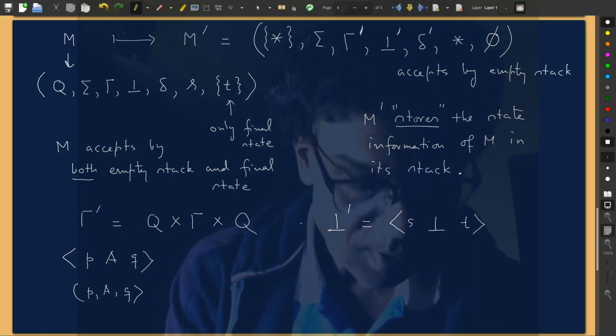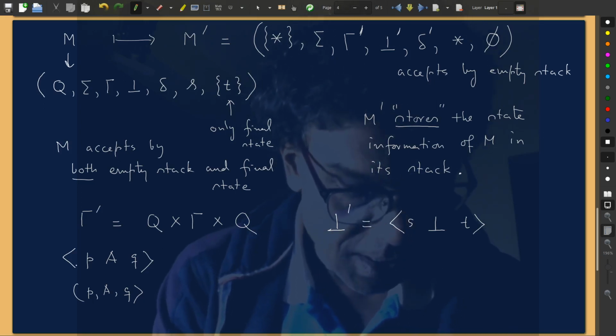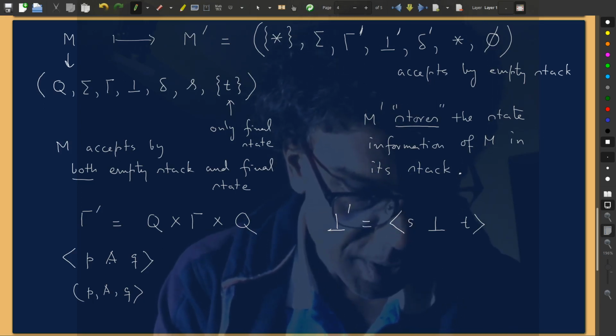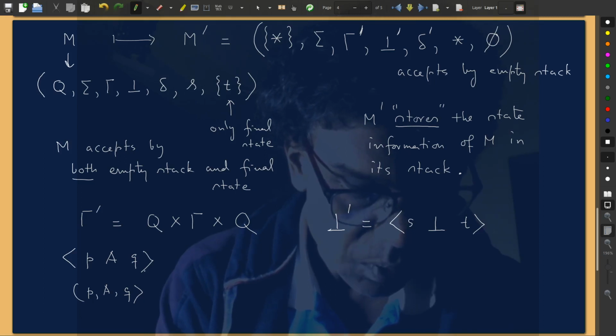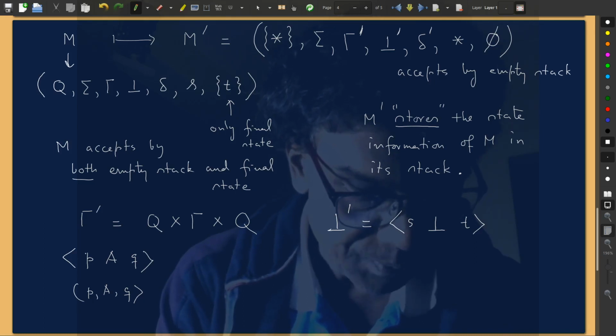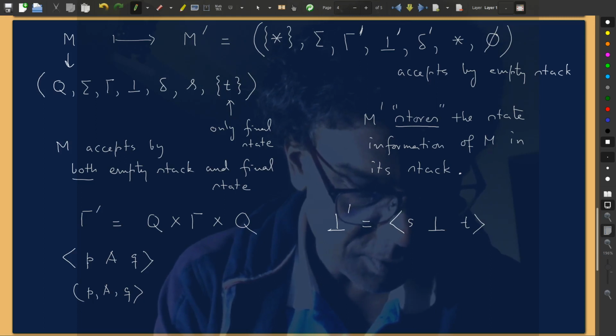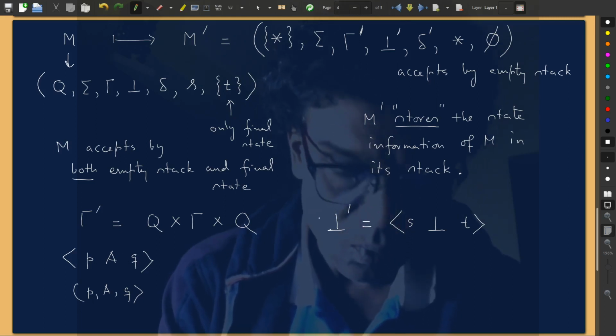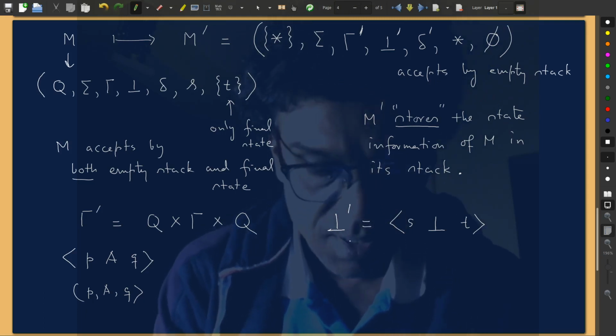So now let me tell what it really means when I write P A Q. Definitely you can see that this stack symbol now stores an original stack symbol A alongside two states. So this is the state information that is essentially stored, P and Q. So what does it essentially stand for?